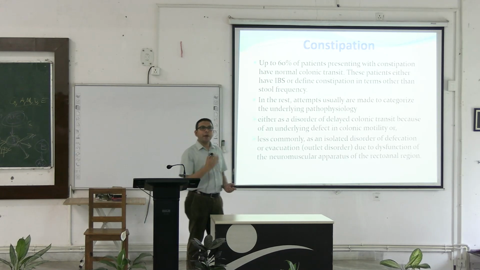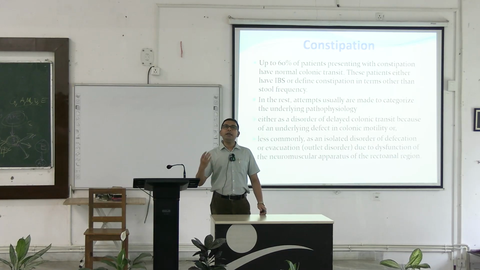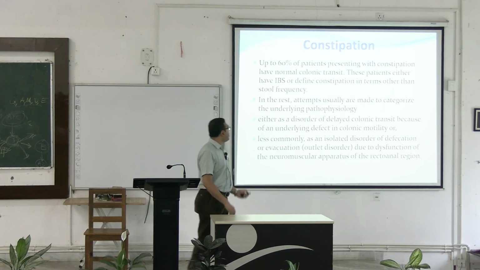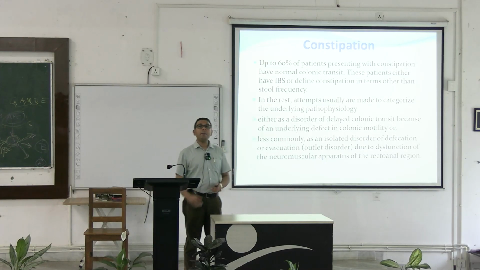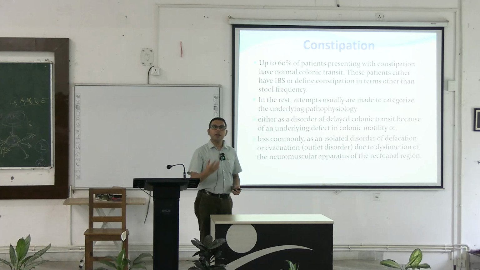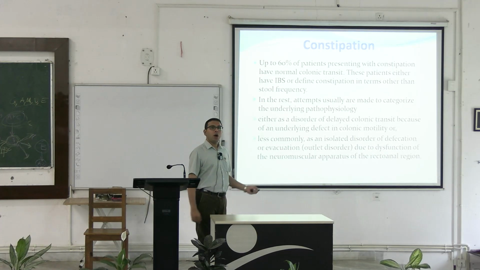But in the rest 40% of the patients, there may be slow colonic transit or there may be some irritable bowel syndrome, constipation type. Less commonly, an isolated disorder of the defecation or evacuation, like some outlet disorder, some problems in the outlet may happen due to dysfunction of the neuromuscular apparatus of the rectoanal region.